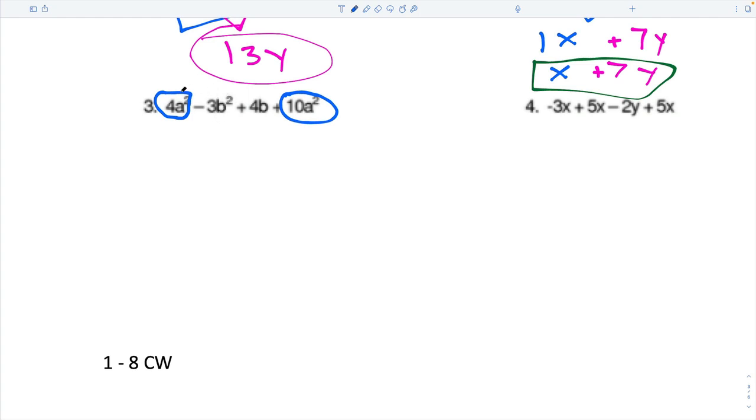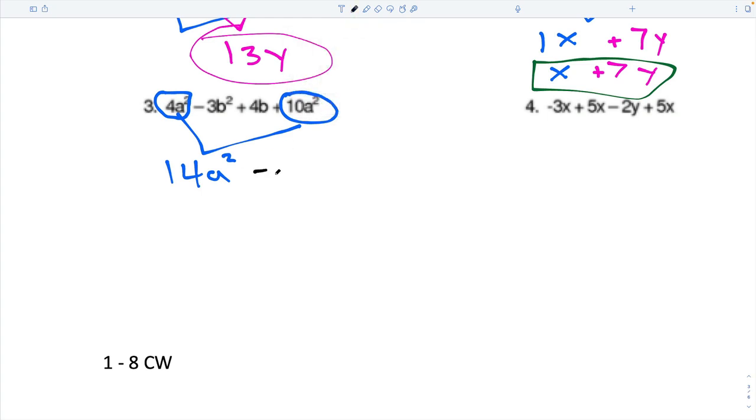Yeah, b is different than a, so I'm not combining the 3b squared. What's 4a squared plus 10a squared, Corbin? 14 squared. Not just 14 squared, but 14 what? 14a. Good. I can't combine the negative 3b squared with anything.